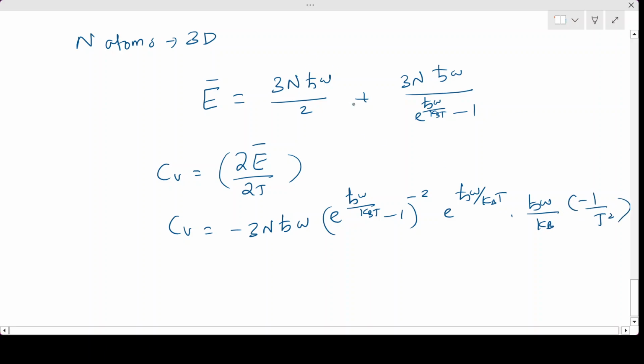This is the expression when you differentiate with respect to T, because the first term goes to 0 since it has no dependence on temperature.